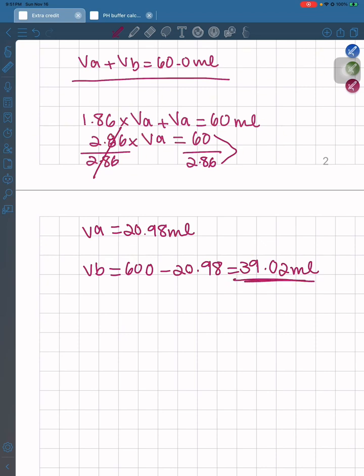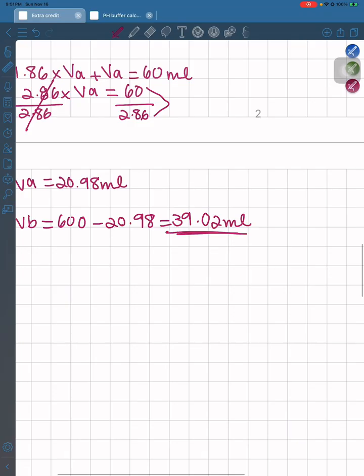We can also round this for practicality, so the volume of our acid, which is sodium hydrogen carbonate, will be 21.0 milliliters.